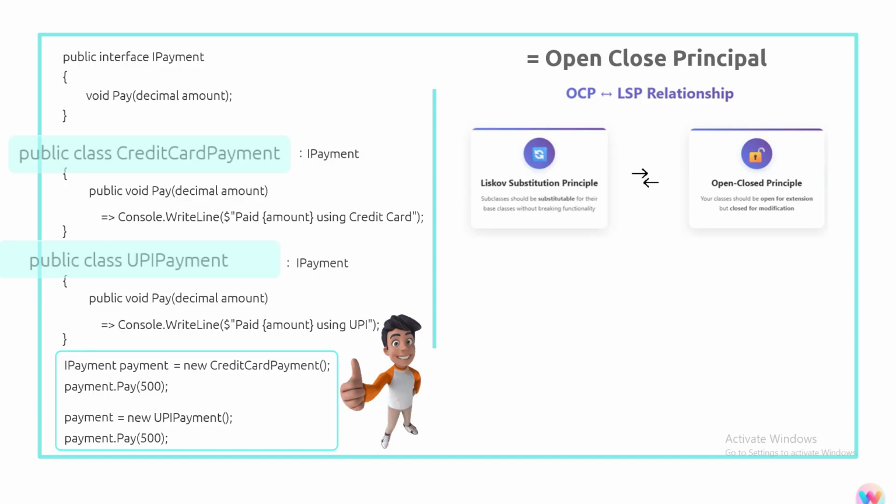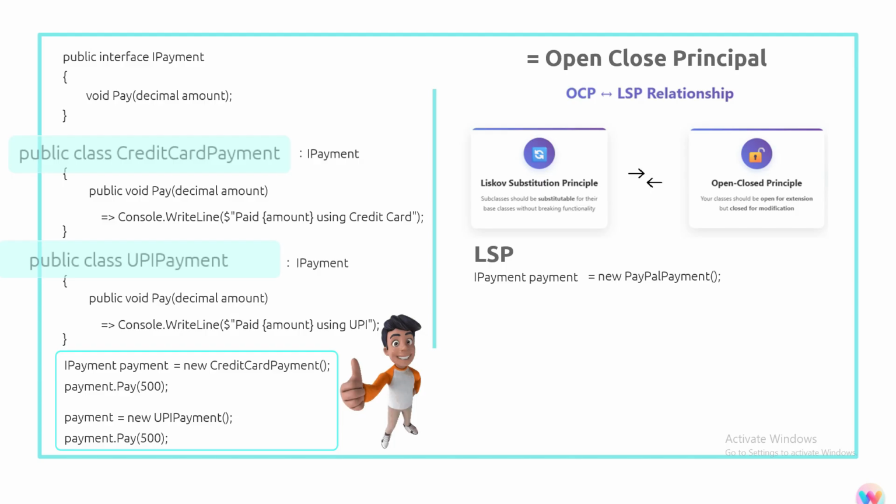But LSP goes one step further. If you replace the base type, which is in our case the interface, with any of its derived types, for instance, CreditCardPayment or UPIPayment, or for that matter, any class like PayPalPayment that implements IPayment, the program should still work perfectly.